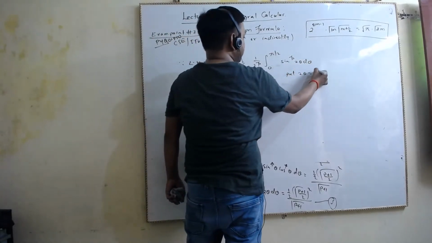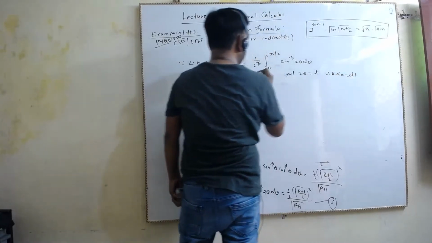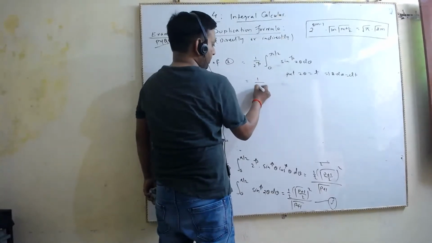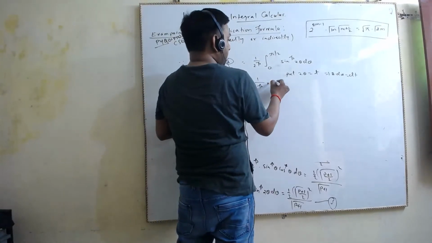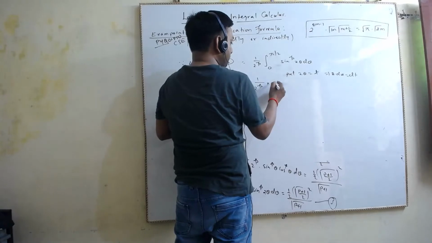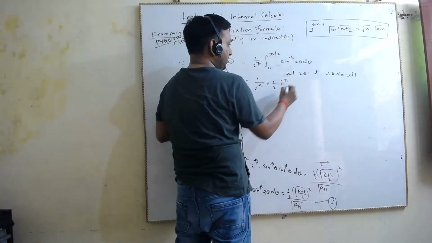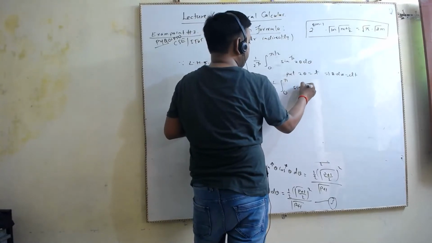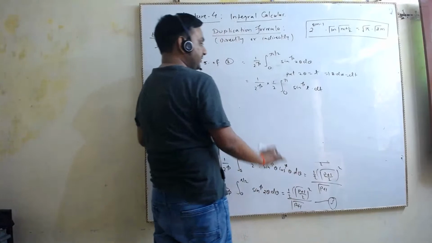So put 2 theta equals t. This implies 2 d theta equals dt. So this will become 1 upon 2 raised to the power p. d theta is dt by 2, so that is 1 by 2 here. Theta is 0 to pi, it becomes sin p t dt, right?